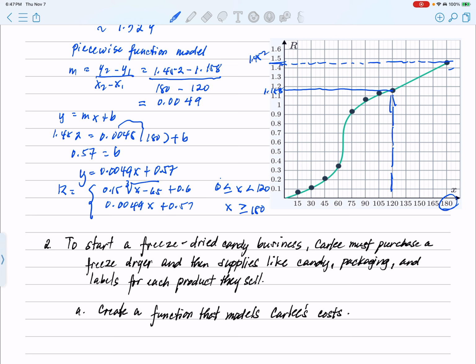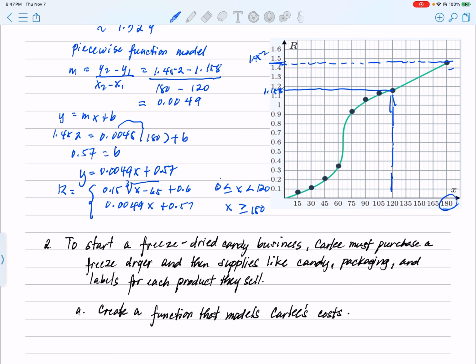To start a freeze-dried candy business, Carly must purchase a freeze dryer and then supplies like candy, packaging, and labels for each product they sell. Okay.